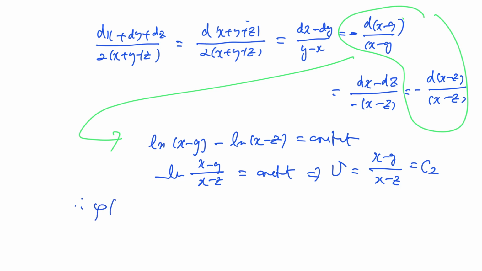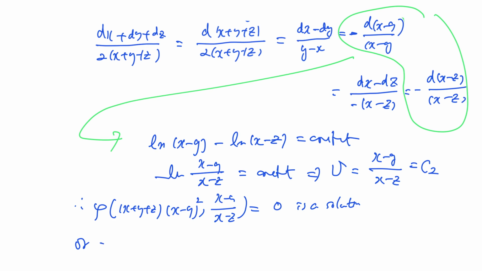Therefore, phi of x plus y plus z times x minus y squared, and x minus z over x minus y, equals 0 is the solution. Or x minus z over x minus y equal to psi of x plus y plus z times x minus y squared is also a solution.